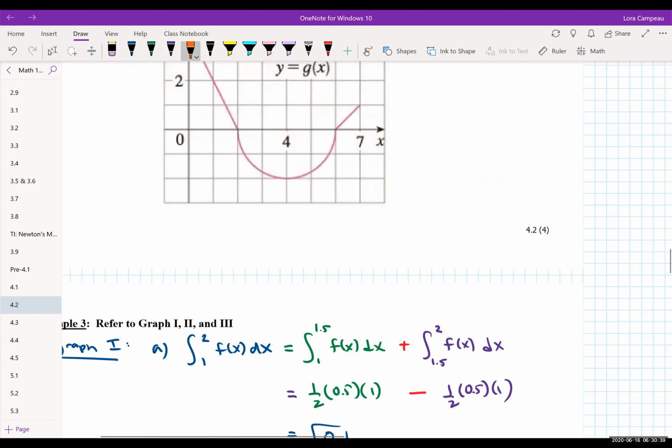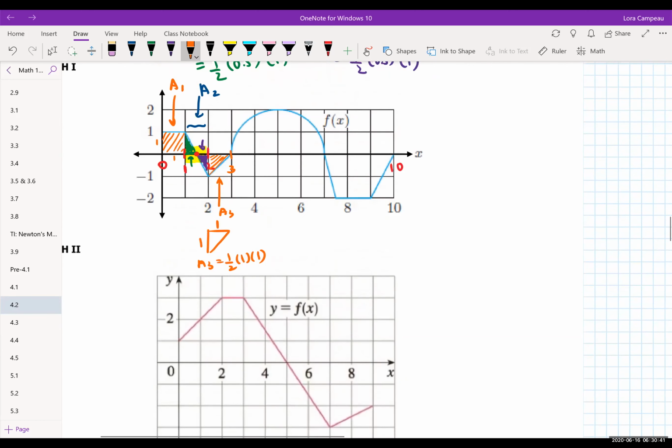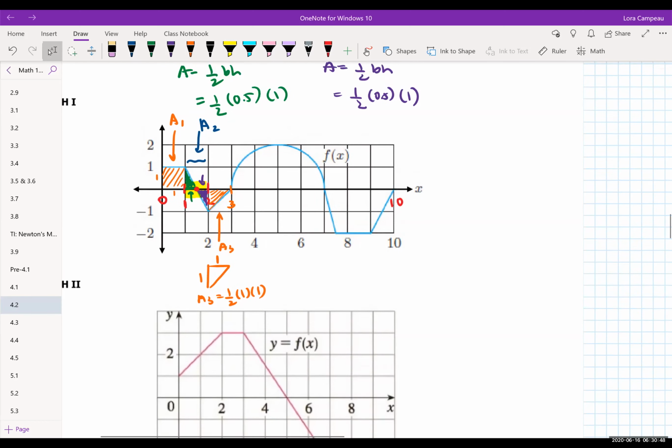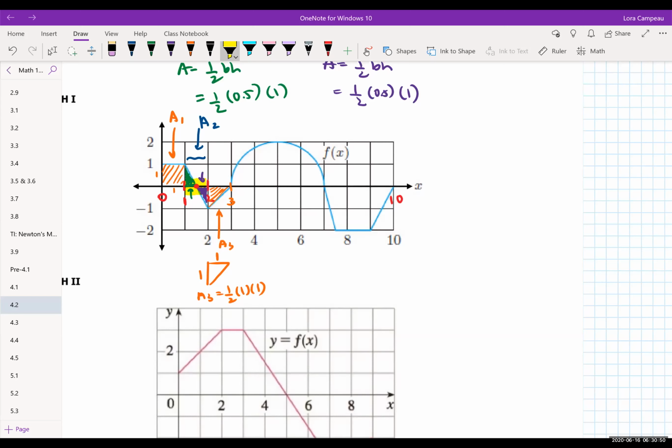Now, let's keep moving and just try to figure out what I can collect and dump. The next region I am seeing looks like to me, and I'm going to assume, but I can go all the way from x equals 3 to 7. And that looks like a nice half circle.